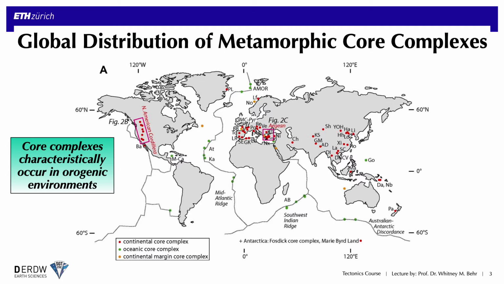And then, of course, there are many in Southeast Asia and some quite young active ones in Indonesia and New Guinea. So it appears that this mode of distributed extension and core complex development is not particularly common in simple continental rift zones, but it does absolutely define extension that develops in orogenic regions.